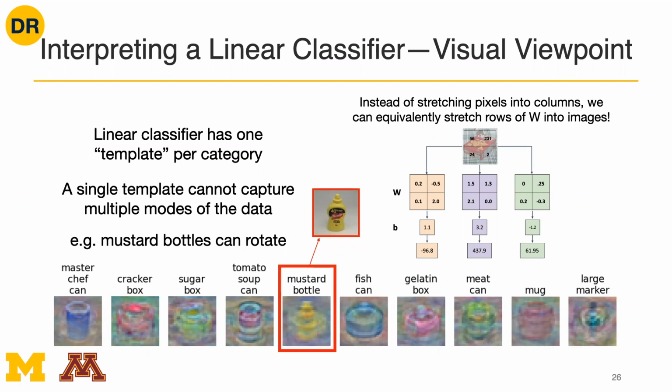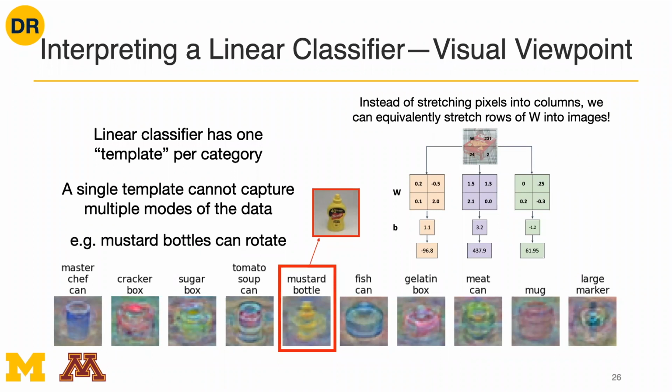Yes. How does the bias play a role? Does it help navigate through that ambiguity of pose? I don't think we can visualize it, but I might be wrong. This is essentially about a template.